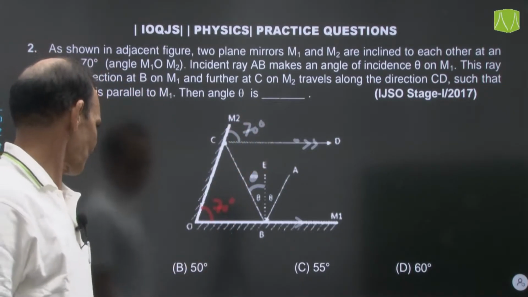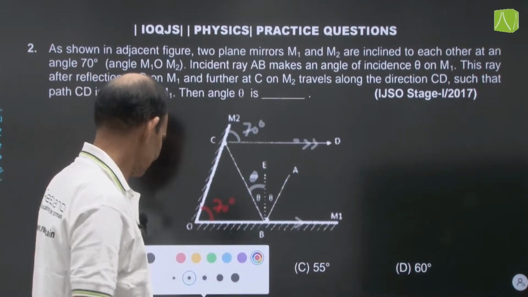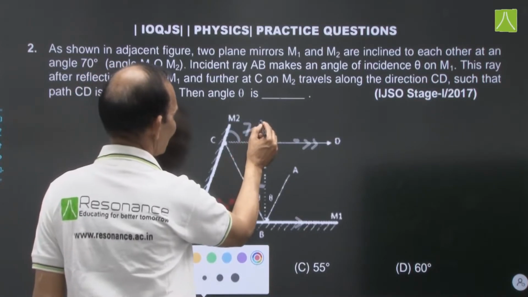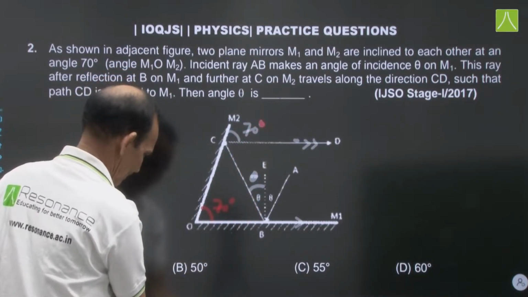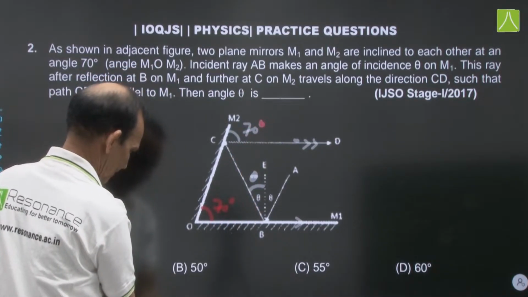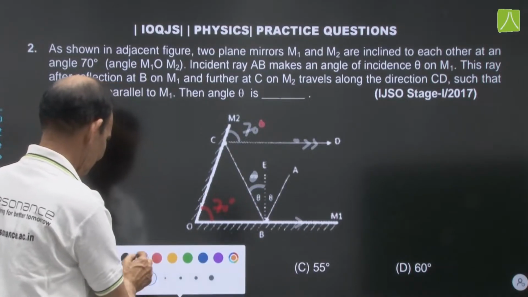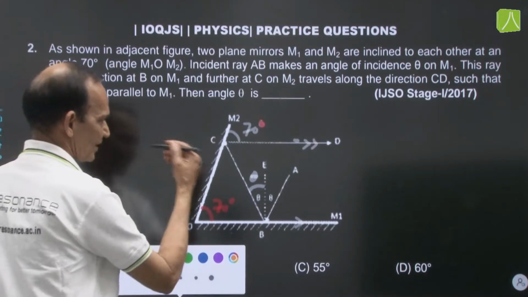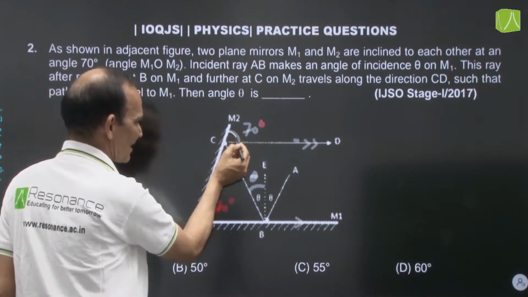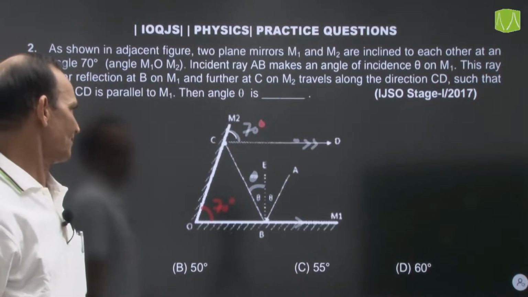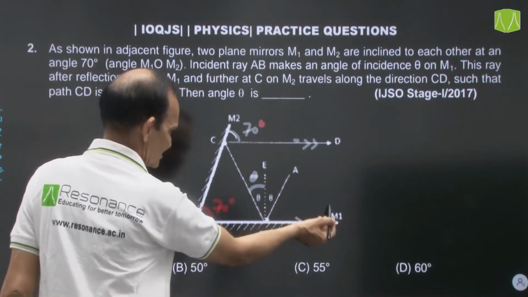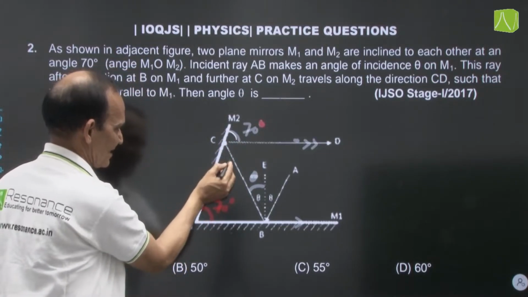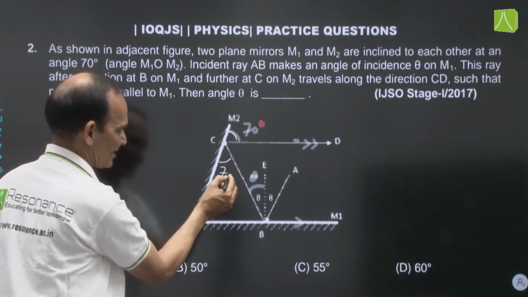Is it clear? This is known as the glancing angle. The ray is moving in this direction; the glancing angle of reflection and glancing angle of incidence will be 70 degrees.